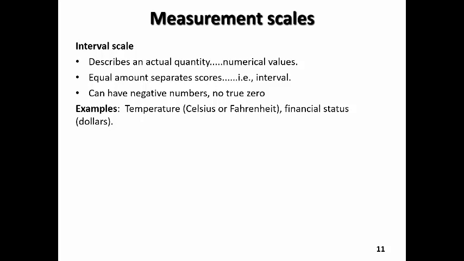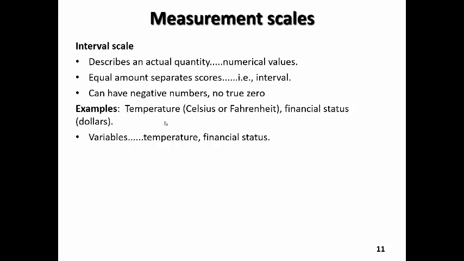And so some examples here include the one that people are most commonly familiar with, temperature, whether it's Celsius or Fahrenheit, but we measure temperature in positive or negative values. Or financial status, and the unit of measurement here would be dollars.